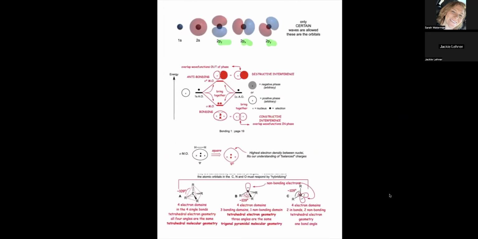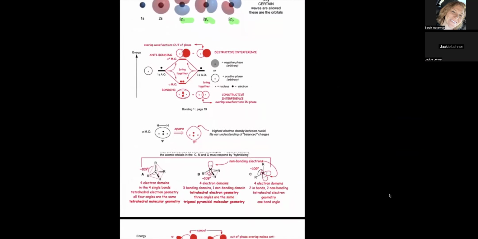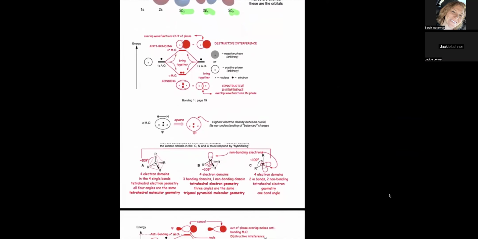So remember we have our in phase and our out of phase. Here we have bonding because they're in phase. Remember that the shading is arbitrary. These bonds are made when both of your atomic orbitals are in phase with each other, which basically means your electrons are in the same area in order to create a bond between them.